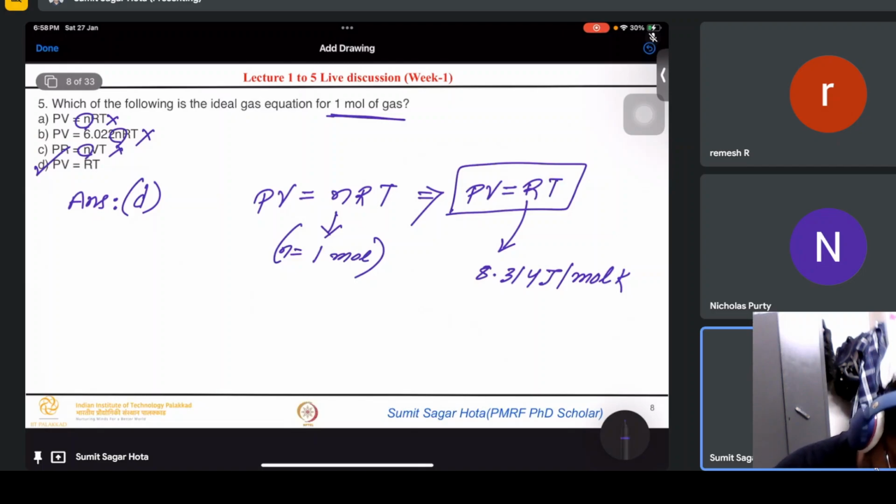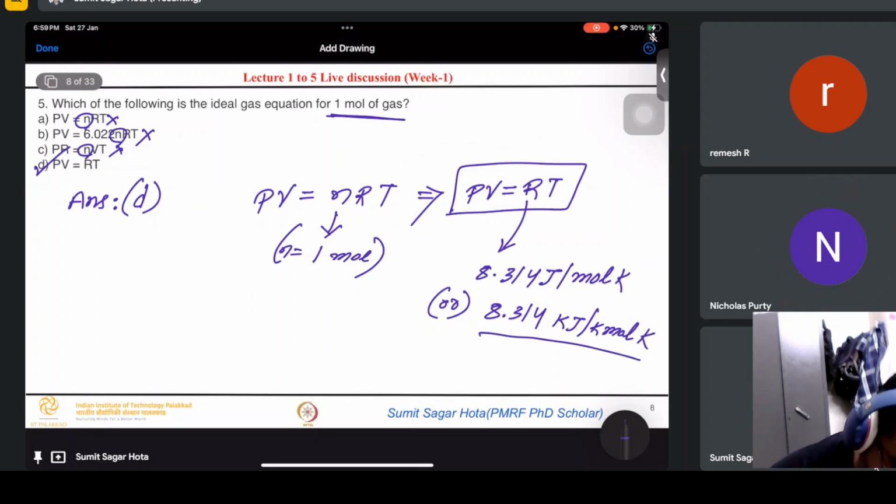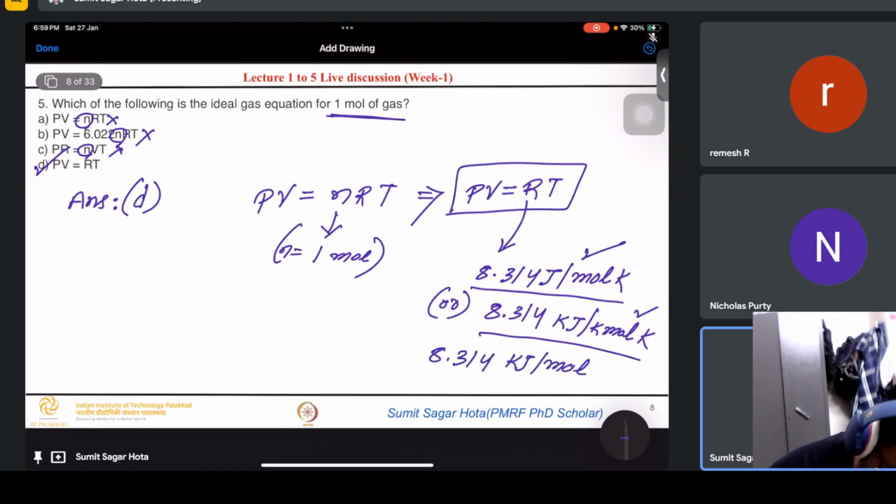For example, if I want to write it in kilojoule, the unit should be 8.314 kilojoule per kilomole Kelvin. The thousand gets cancelled, that is the correct unit. Either you get it like this, or this is incorrect.